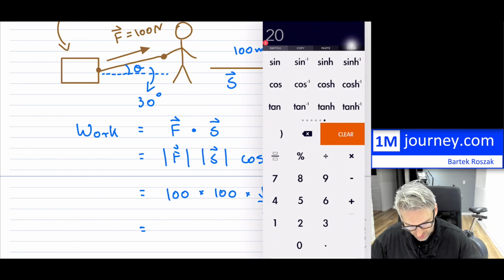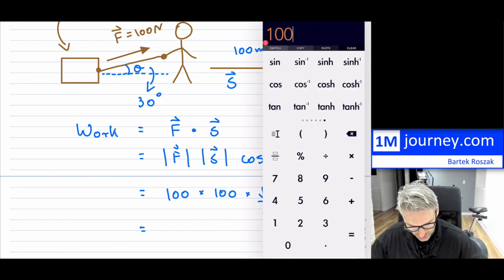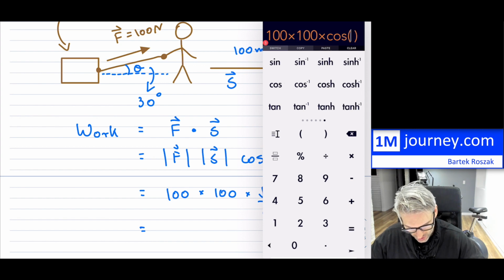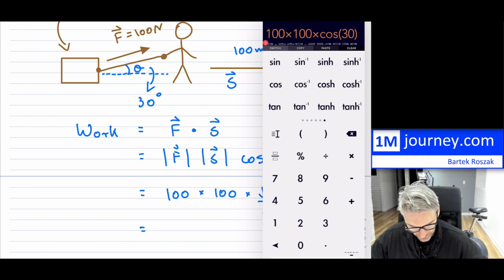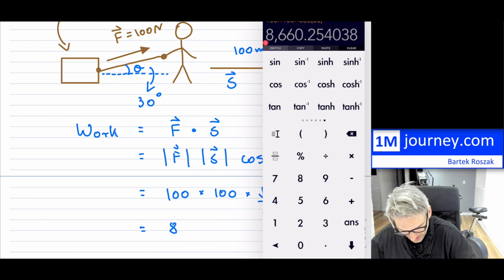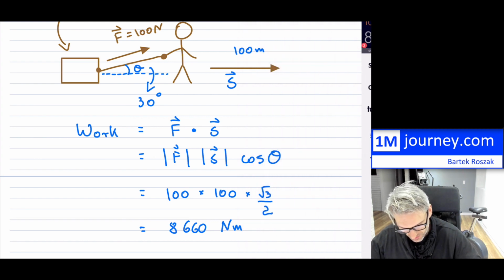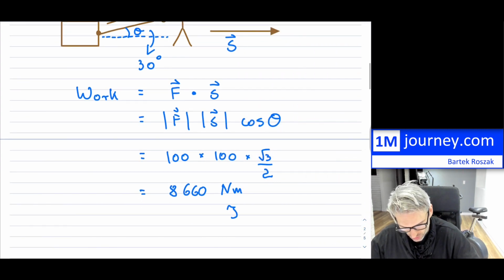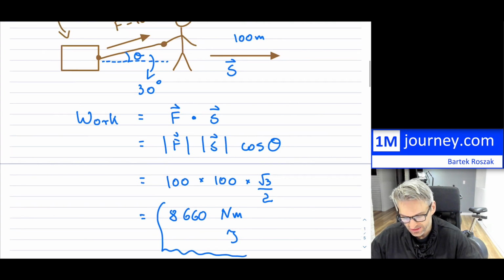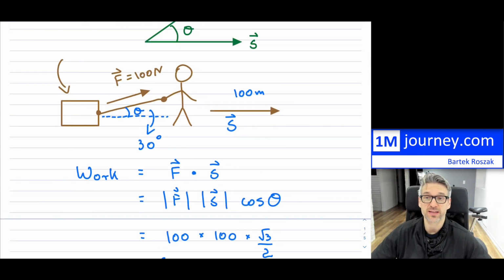So you can put this into your calculator, multiplied by cos of 30. There we go. So this would have been 8,660, I'll just round it. And this is Newton meters. Now, Newton meters is nothing else but joules. So you've calculated how much work has been done from the definition that physics provides us.